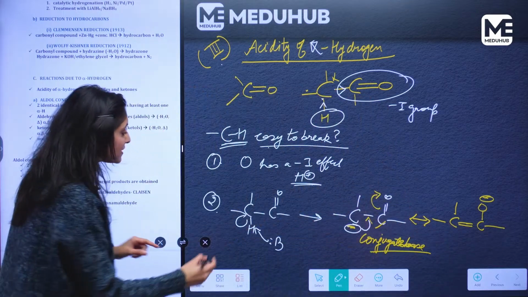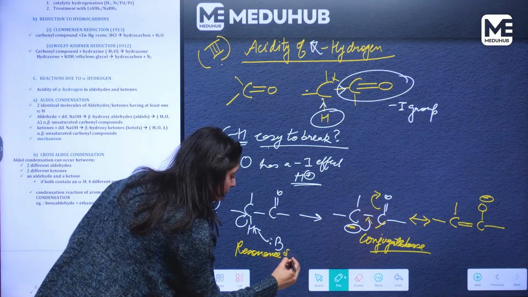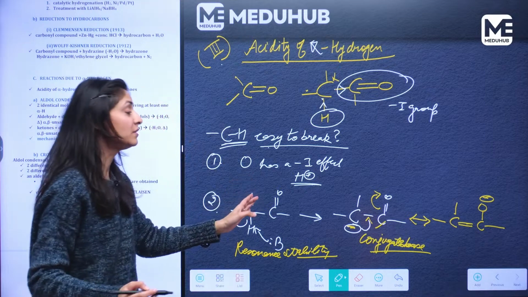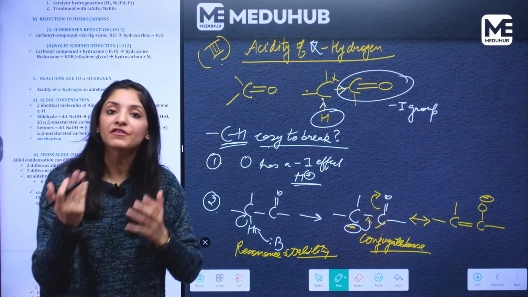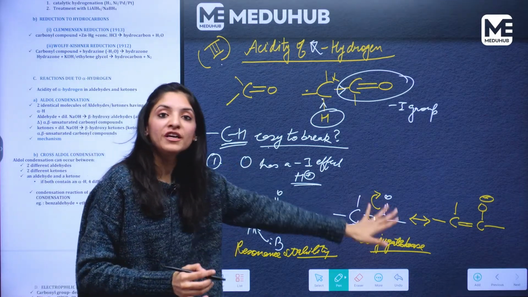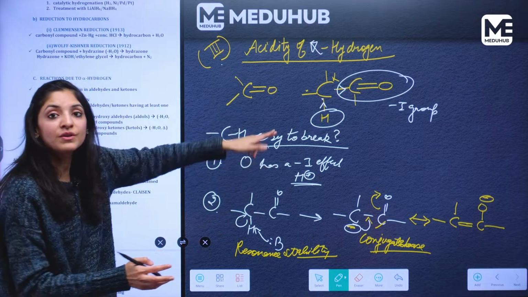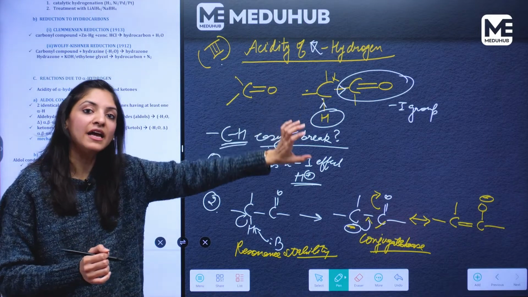Because of the resonance stability of the carbanion over this acid, the removal of this hydrogen as a proton is favorable because the conjugate base is more stable than the parent acid. So because of these two reasons, the alpha hydrogen is acidic in aldehydes and ketones.